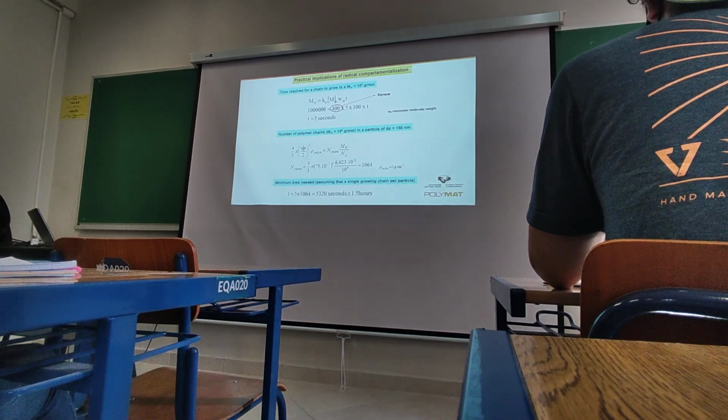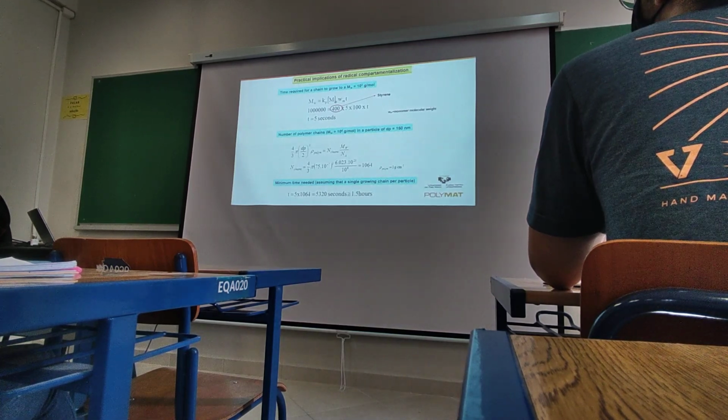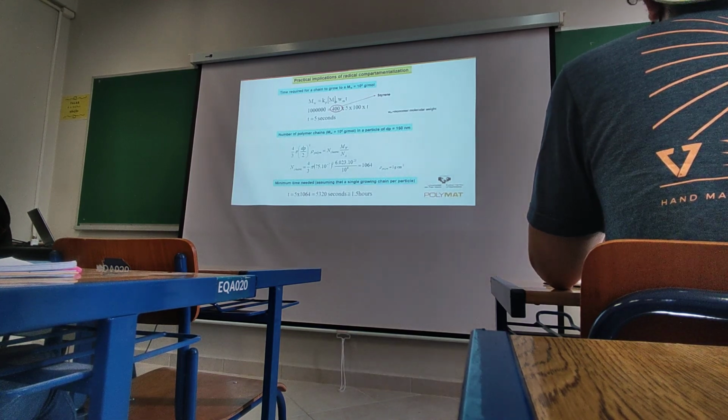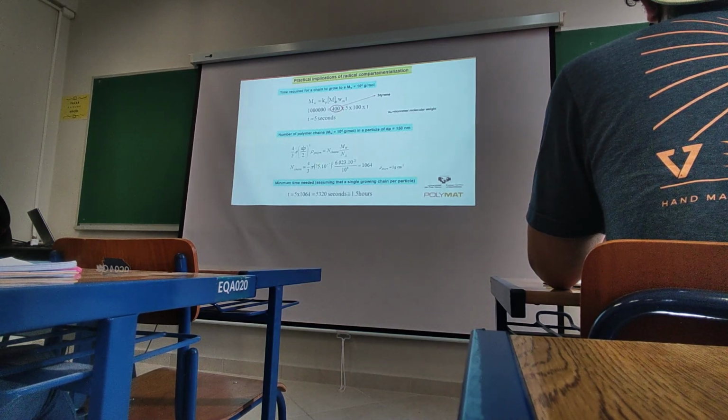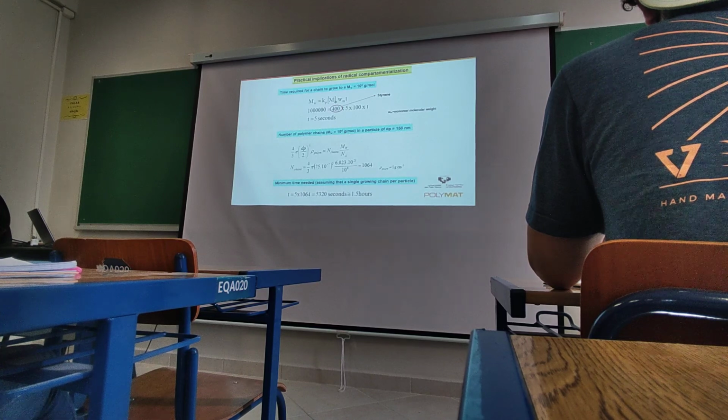And the equation that you have there is kp, the monomer concentration, the molar mass, and the time of growth. So if now I want to calculate how much time I need to produce a chain with a molar mass of 1 million, if I know the kp of styrene, I know the concentration of styrene, and I know the molar mass, I can calculate it.